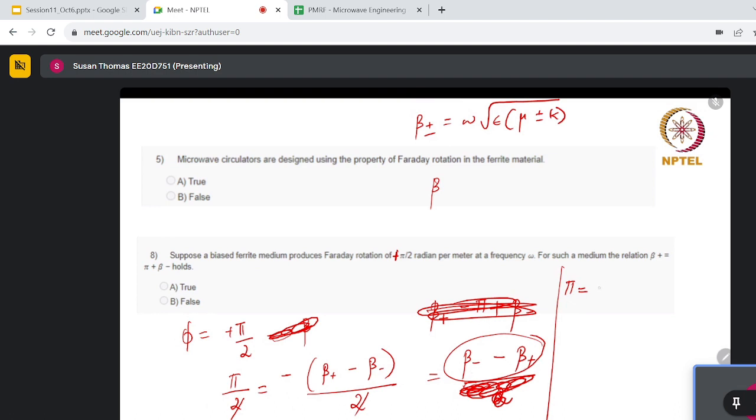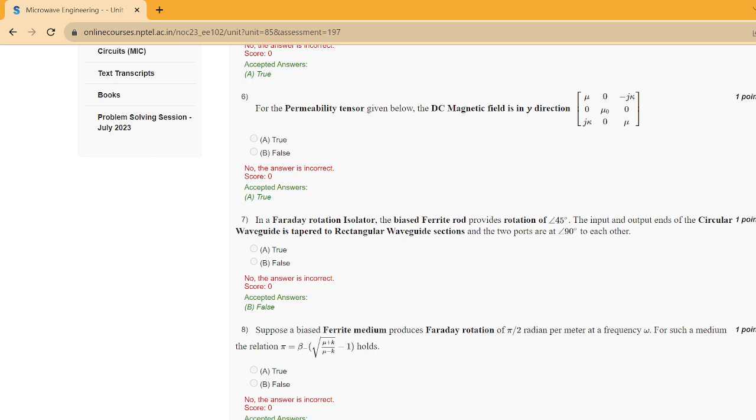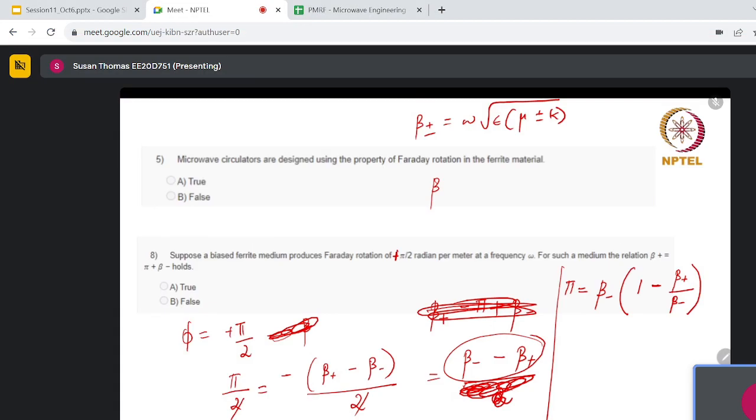Suppose I take beta minus outside, then I will get 1 minus beta plus by beta minus. So beta plus by beta minus will be omega root epsilon into mu plus k by omega root epsilon into mu minus k.